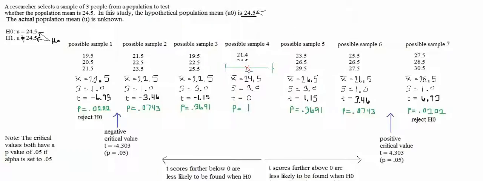If the unknown population mean is actually right here at 24.5, the sample mean is likely to be somewhere near 24.5. So I'm just trying to ask you to imagine how, if the unknown population mean is right here at 24.5, the sample mean is likely to fall somewhere inside of these boundaries. It won't necessarily be exactly at 24.5, but maybe a little bit above or a little bit below, somewhere in a certain range.